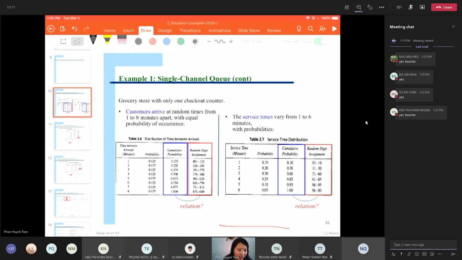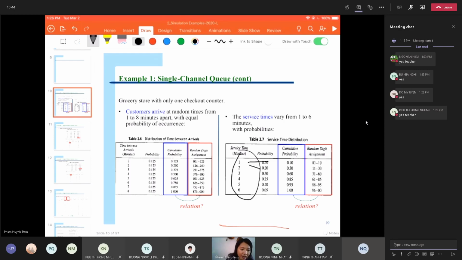We want to simulate the service time varying from 1 to 6 minutes, and we have the probability for each service time, 10%, 20%, and so on. So we can use one random digit from 0 to 99 and assign the range for each service time.